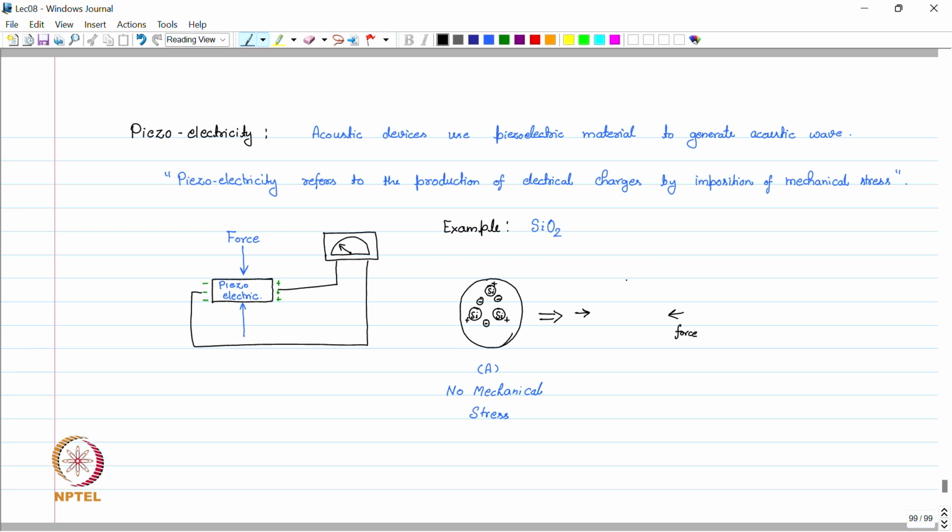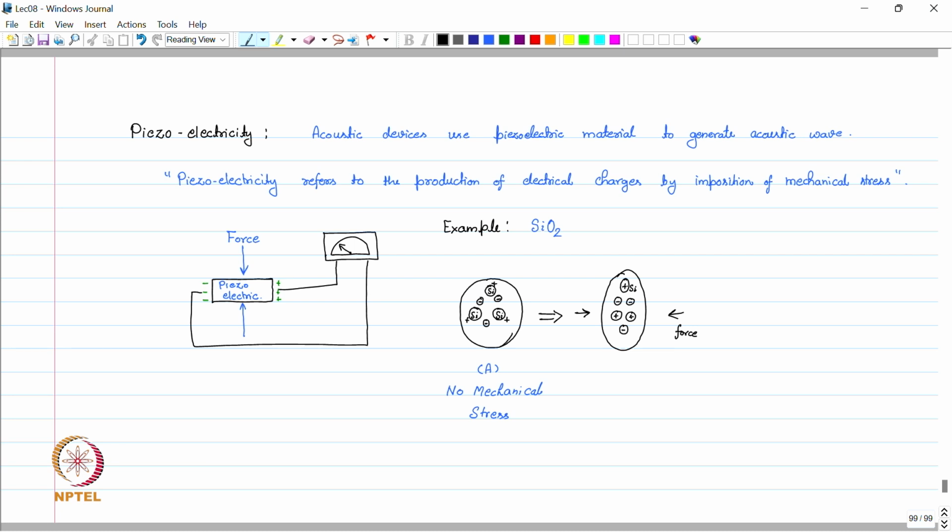The silicon atoms which are positively charged will go up, and the negative oxygen atoms will compress. So this will be a typical structure if we apply a physical stress in the x direction.